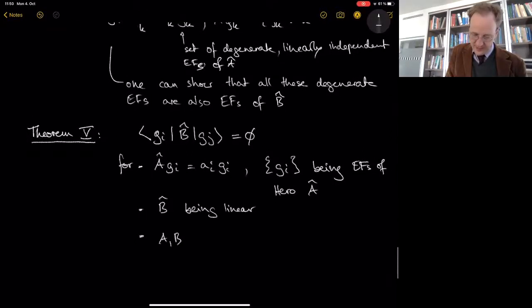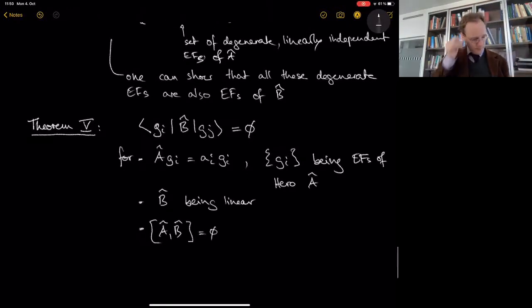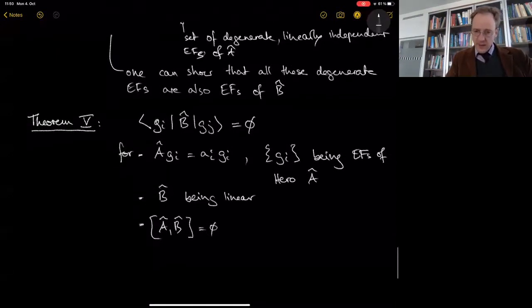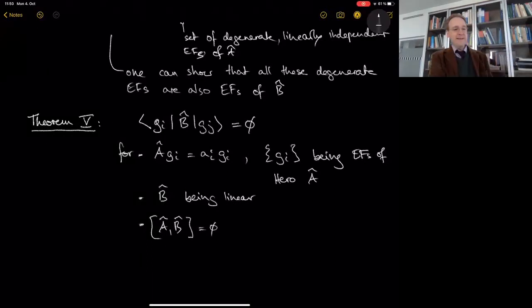And for A and B commuting. So this is important, of course, right? So this means that you could not measure B if it commutes with A and happens to be linear. It's zero. Yeah.